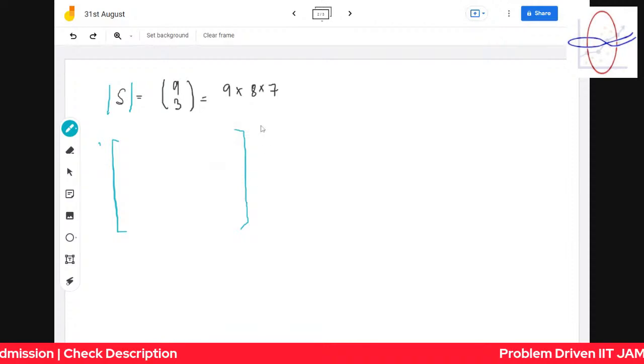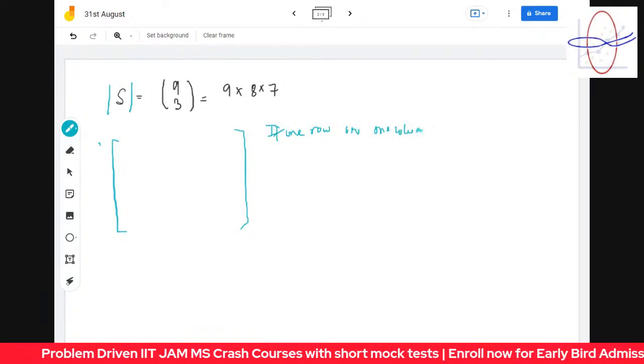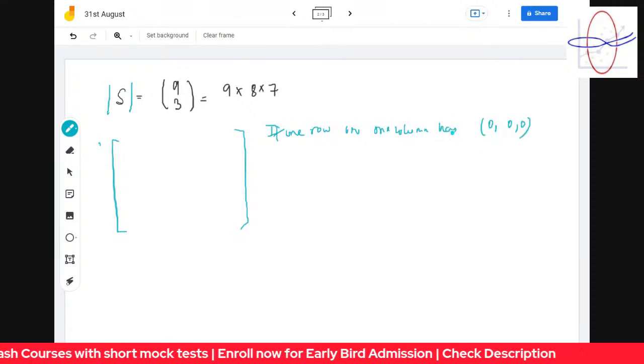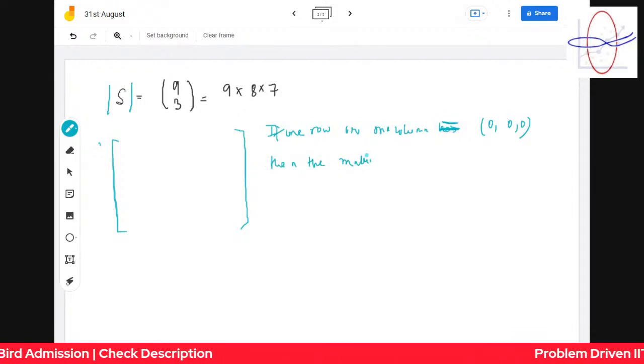So the idea is that if one row or one column has 0, 0, 0, then the matrix is singular, that is, determinant 0.